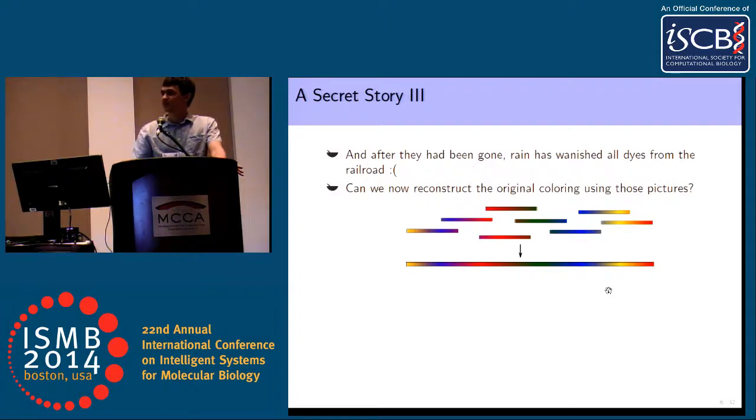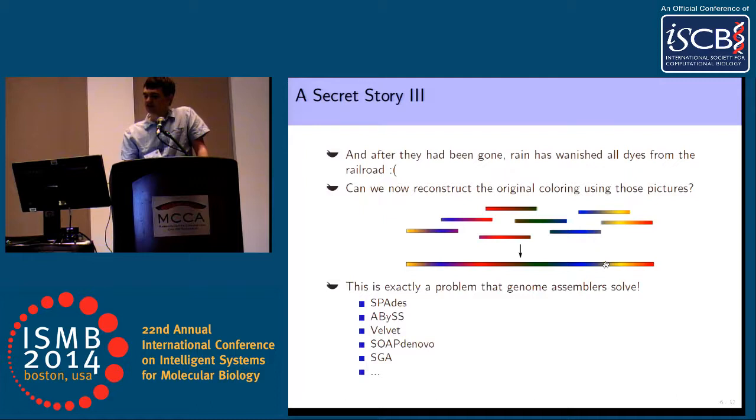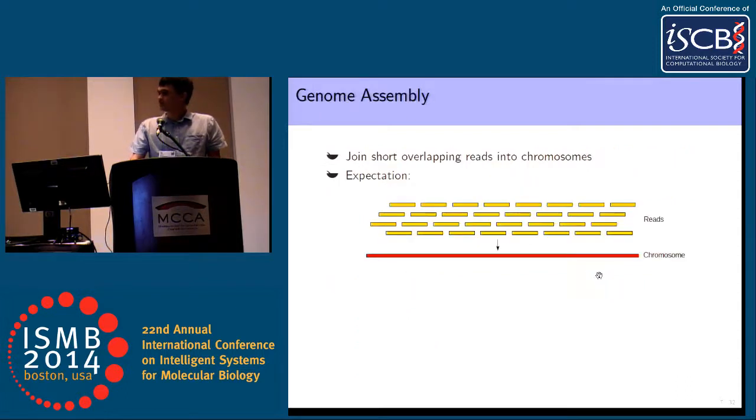Probably all of us here know that we can apply genome assembly here, and the number of ties is somehow comparable to the number of nucleotides, so we can apply an assembler for bacterial genomes, like SPAdes. I will start from assemblers. What do they do? They join small overlapping DNA fragments called reads into chromosomes.